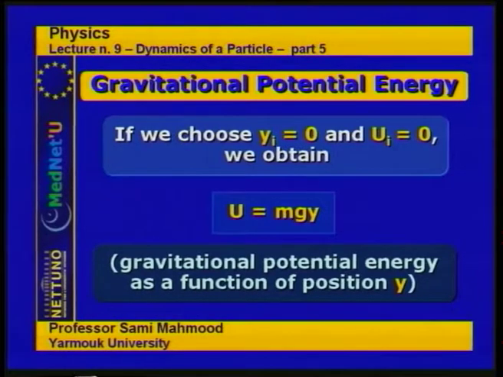So the potential energy due to gravity, U, is equal to mg times y, where y is measured relative to the initial position of the object. And again, the initial potential energy U i is taken to be 0.